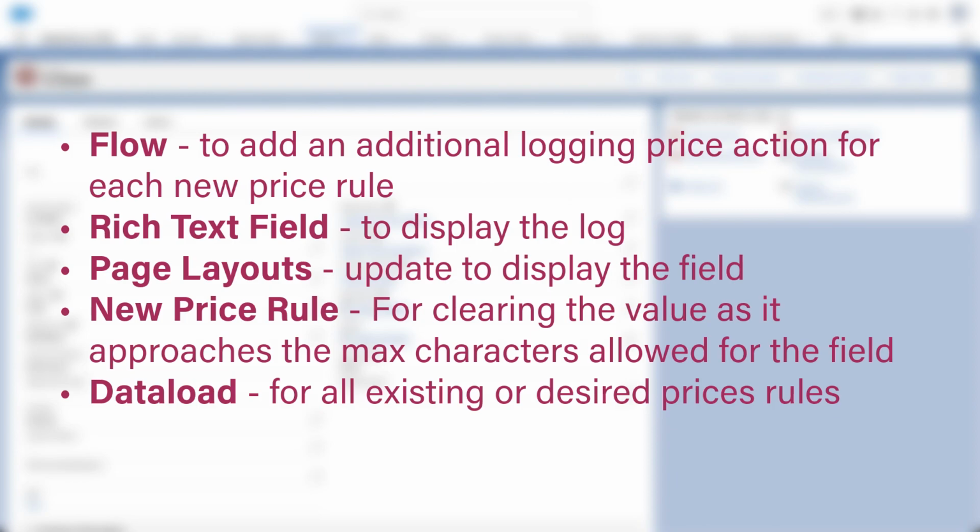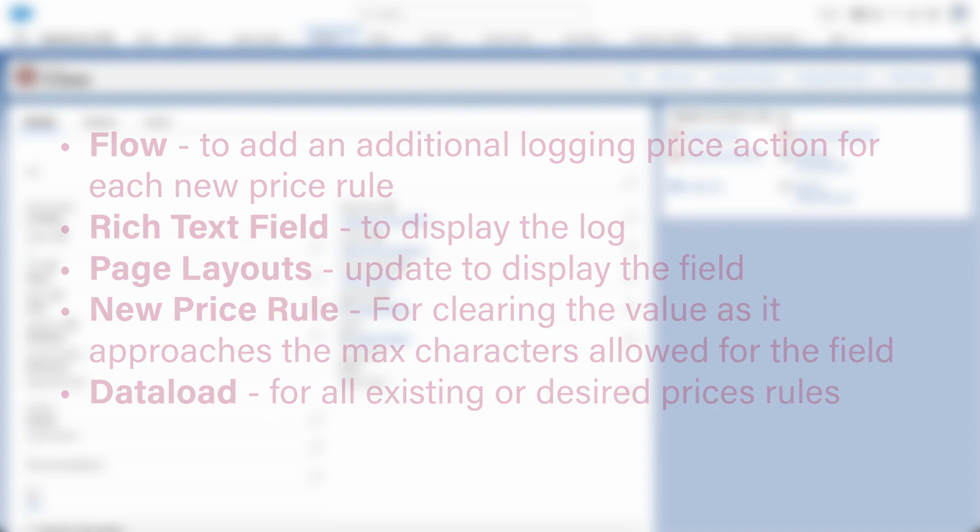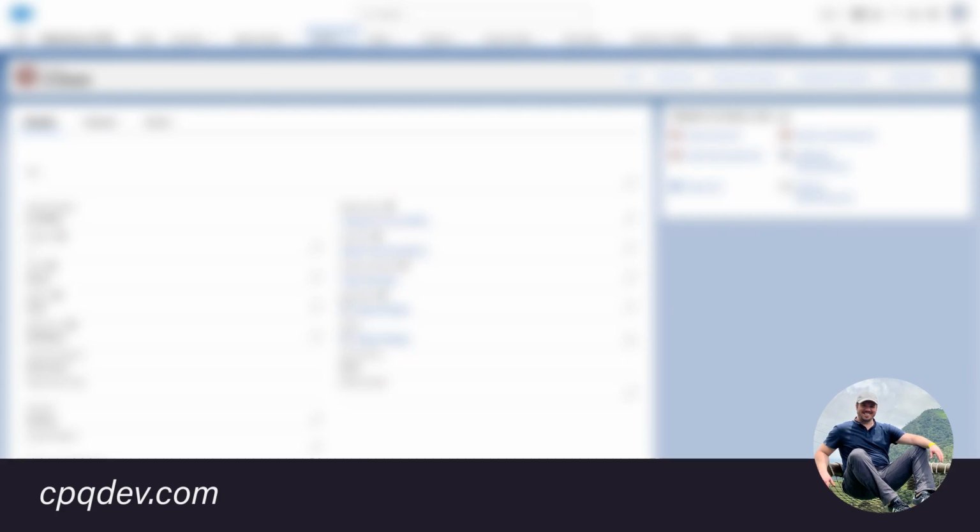The price rule, a new price rule entirely, is responsible for clearing the value of that rich text field as it approaches the maximum allowed number of characters for the field. And of course, a data load. If you'd like to set this up for all your existing rules, you will need to data load each of those. Maybe you just have a select subset that you'd like to log for, and that would be just fine too. So we've covered how this works at a high level.